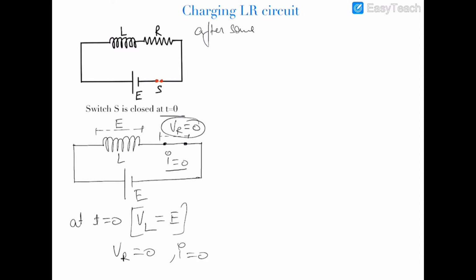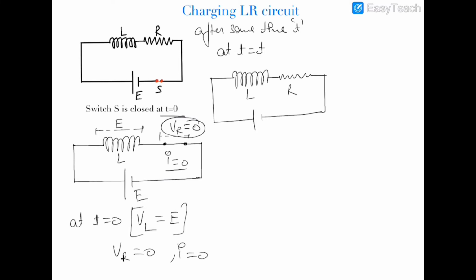But at some time t, as time will progress, at t equal to t, I can say that the current would have started to increase, and hence the total voltage of cell would be shared among this inductor and this resistance.